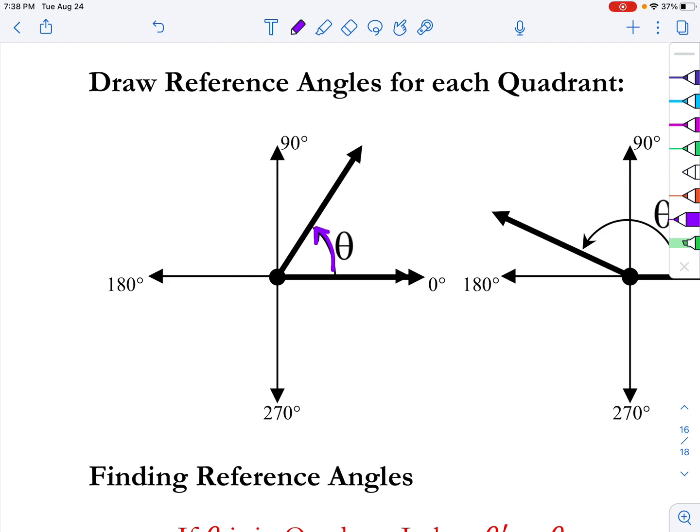So in the first quadrant only, the reference angle is equal to the angle. All of our reference angles are going to refer, so get it, reference angles, to the points in this first quadrant, because they're all going to be the same in the first quadrant.